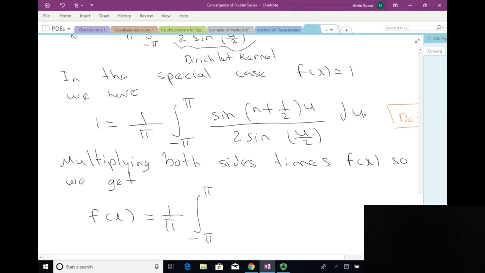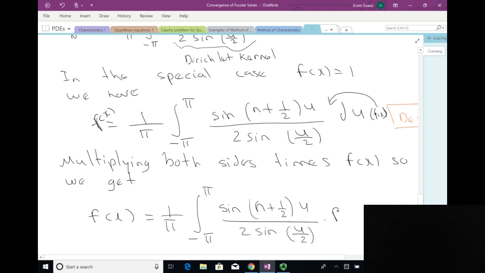So I could put the f of x here, right? But then the f of x, I can put it inside the integral because it doesn't depend on u. So I can write sine of n plus 1/2 u over 2 sine u over 2 times f of x du. Okay, so we have that ready.